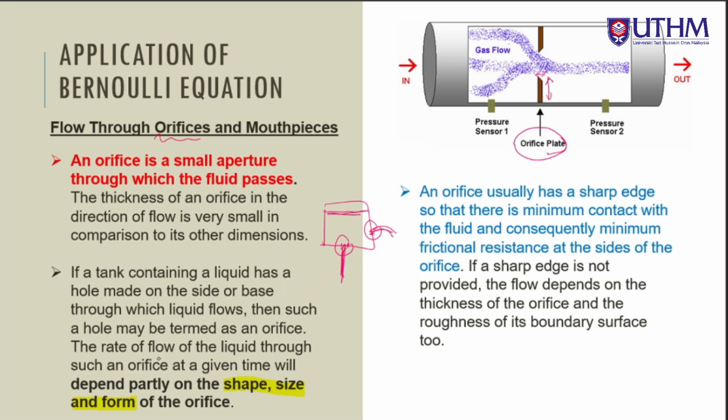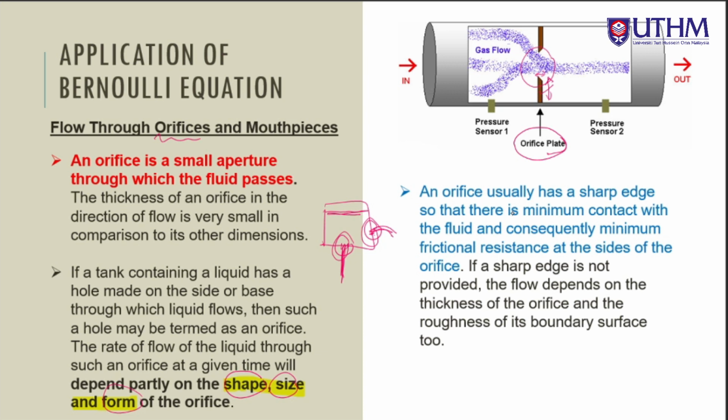The rate of flow of the liquid through such an orifice at a given time will depend partly on the shape, size and form of the orifice itself. This is logical: the shape of the hole will influence the rate of flow coming out, whether from its shape, its size or its form.